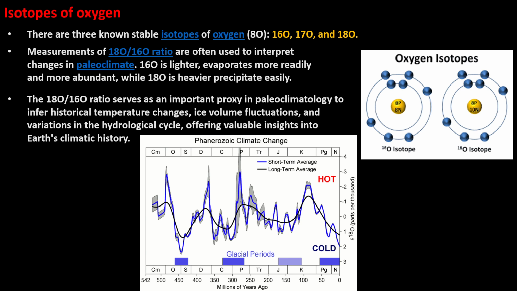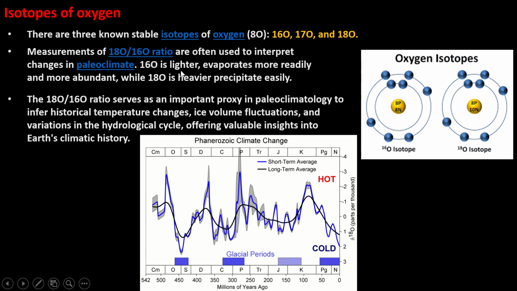First, isotopes of oxygen. There are three types of isotope: O16, O17 and O18. We mainly focus on O16 and O18 because of their abundance in nature. O17 is very rare, but O16 is the lighter isotope.